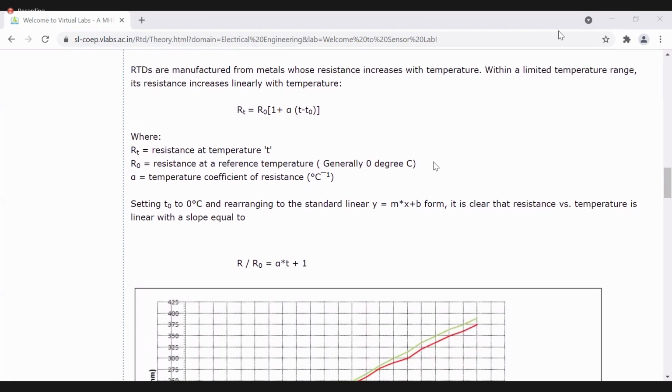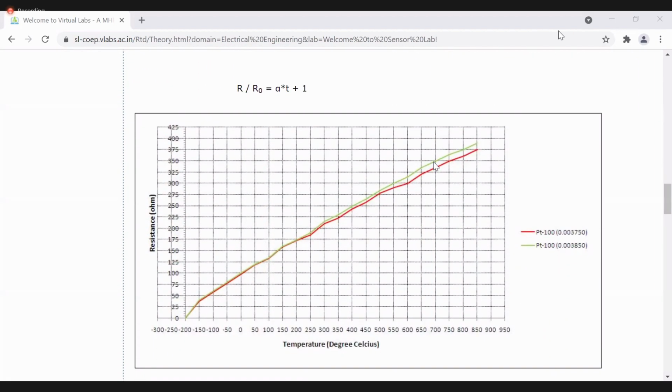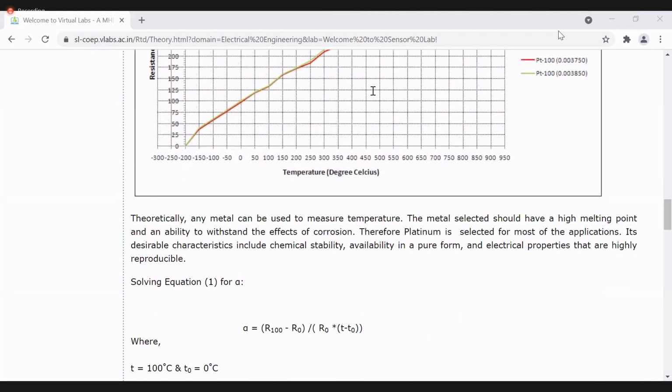Okay, right. And if you observe the graph, here we have two lines. One is a green line, one is a red line. What is the difference between these two lines?